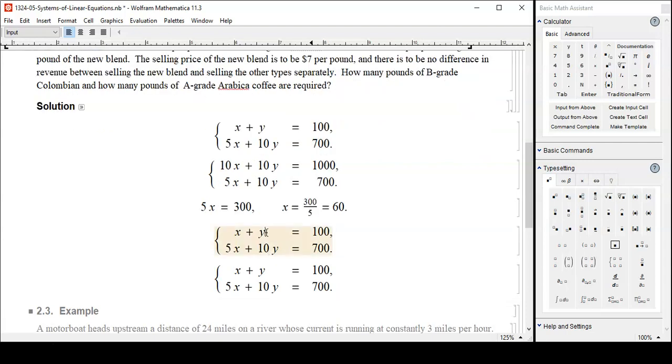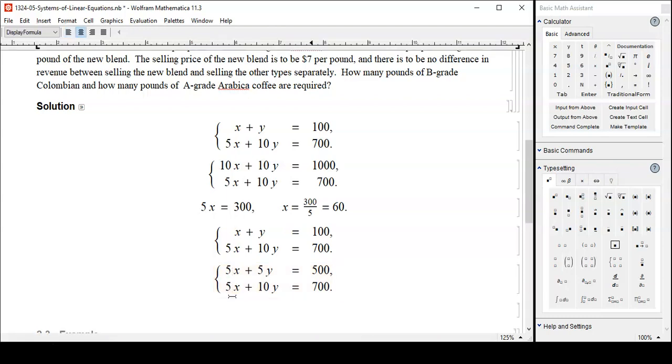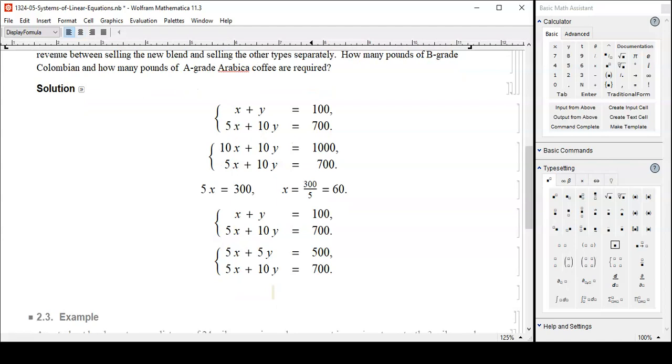Now from the first equation, this time let's eliminate x and find y. Multiply by 5. Let's align them. Okay, and then we subtract. 5x minus 5x, that's gone. 5y minus 10y, so that's negative 5y.